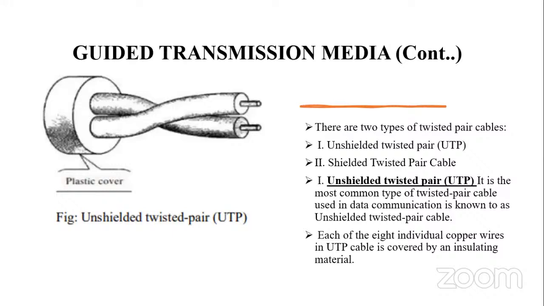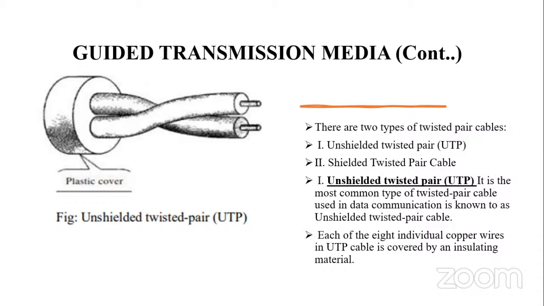By this picture, you will come to know about the unshielded twisted pair cable. In this unshielded twisted pair cable, these 8 individual copper wires are together covered by a plastic cover.